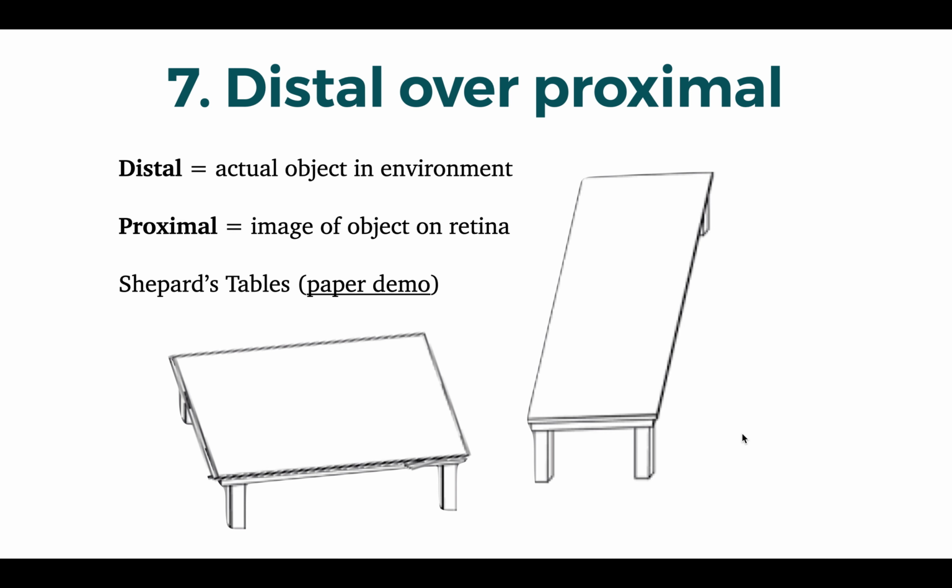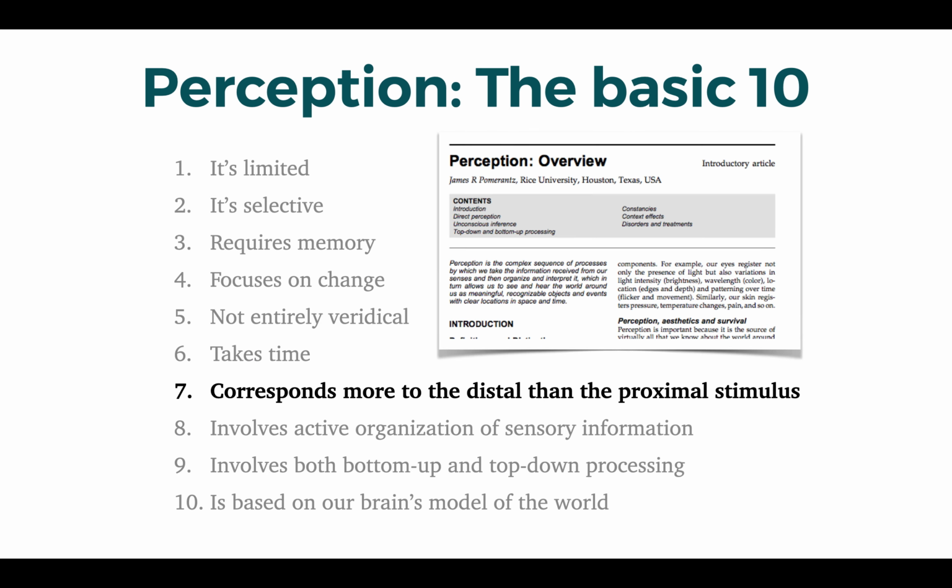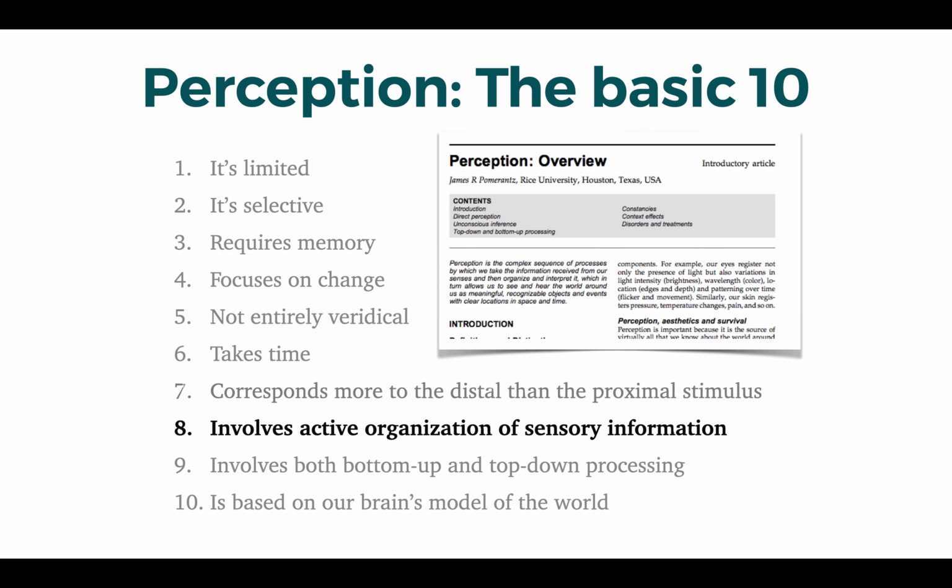But the relationship of all of the things in our environment to one another makes a difference. How those things are organized in relation to one another makes a big difference. And that's where we will come into the next point, that perception involves active organization of all the sensory information that we're getting at one time, or that we're choosing to perceive at one time. And I will see you in that video.